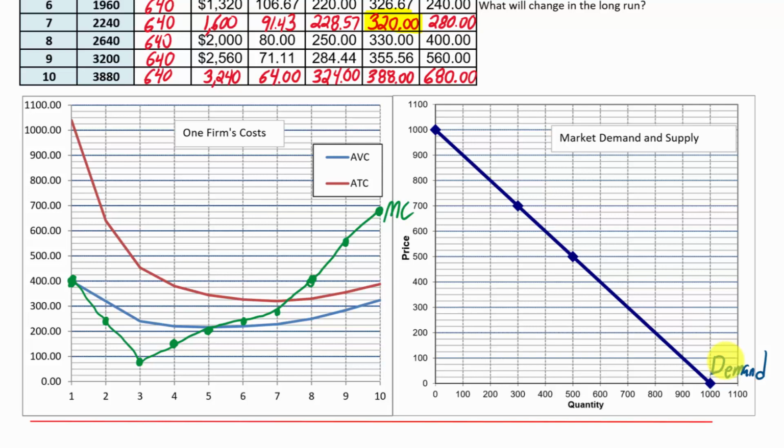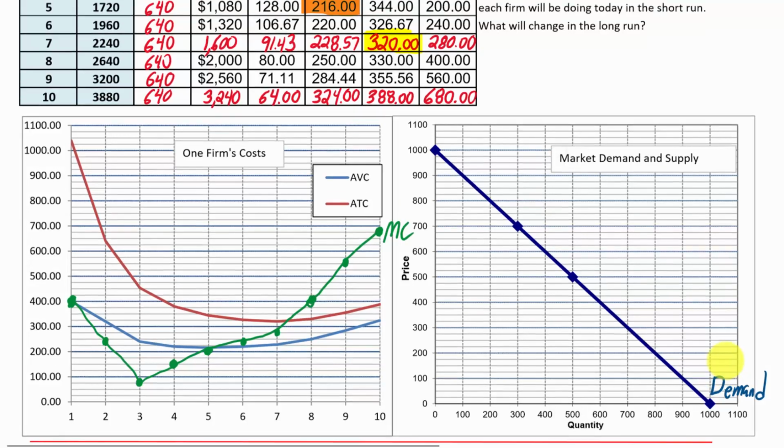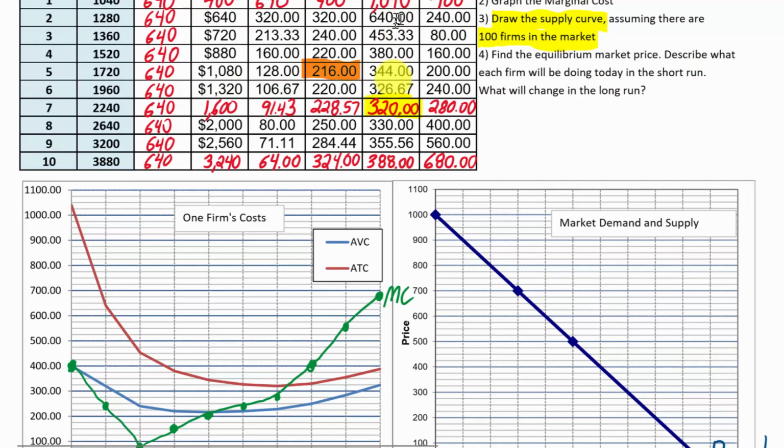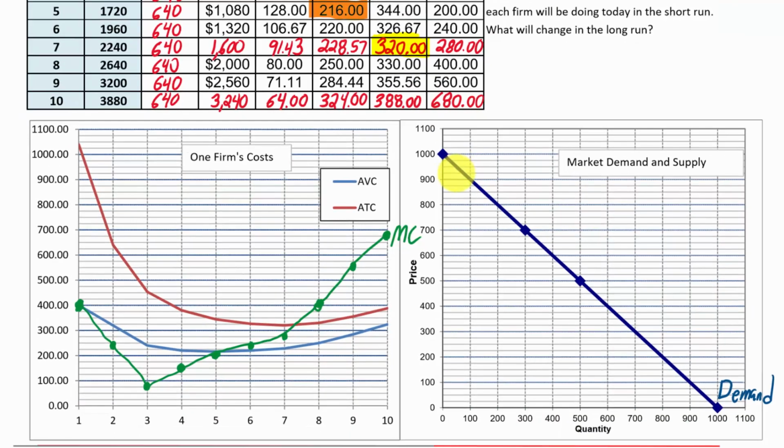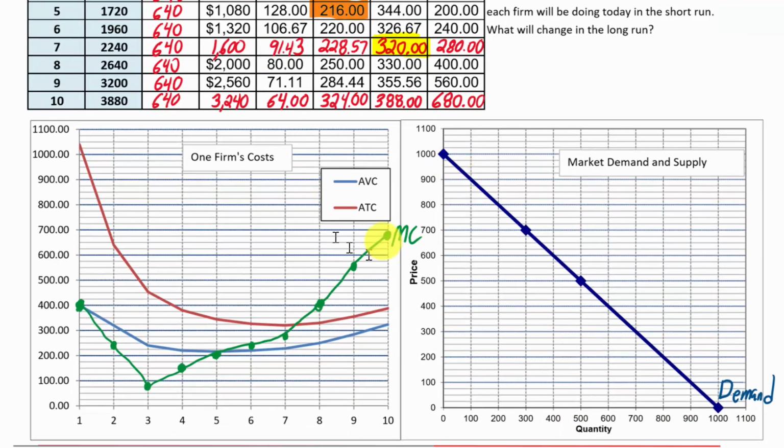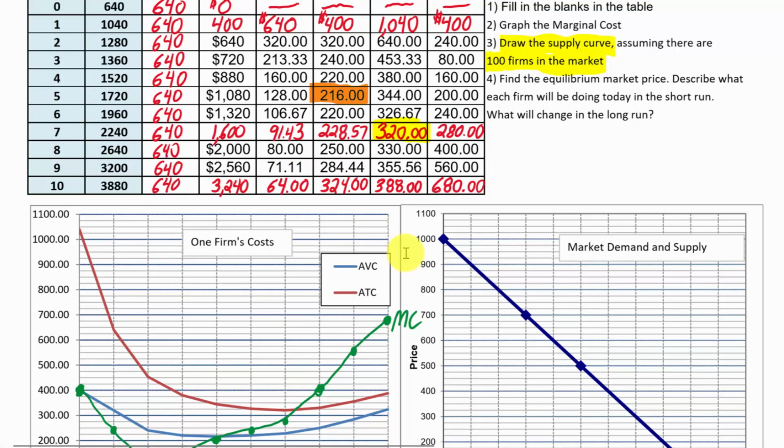Now, how I always draw the market supply curve is I always start at the highest marginal cost, because how each individual firm uses this marginal cost curve is they ignore the downward sloping part of the marginal cost curve, and then if the market price is bigger than each of these marginal costs of each unit, they're going to produce those units, unless the market price is below the shutdown price of $216.